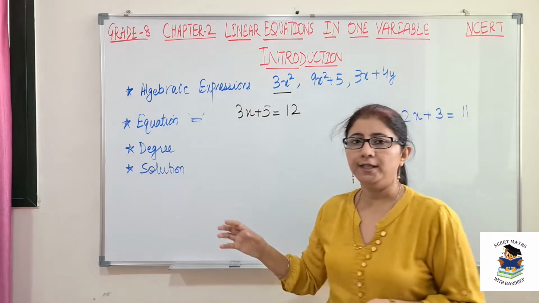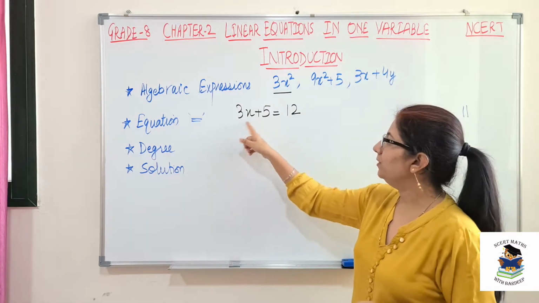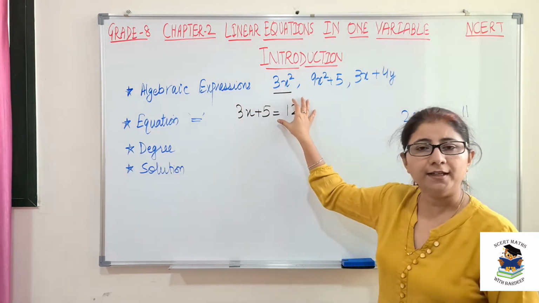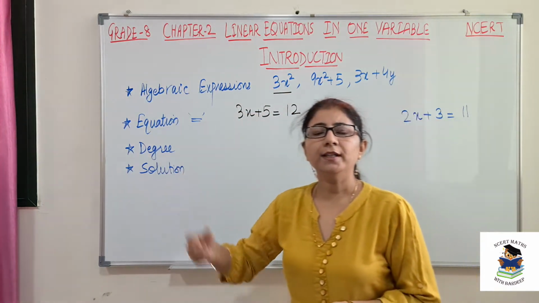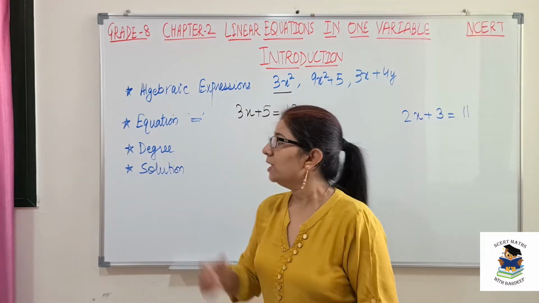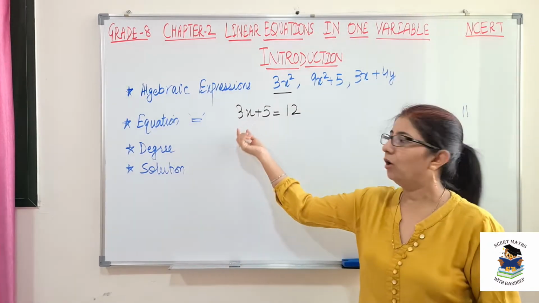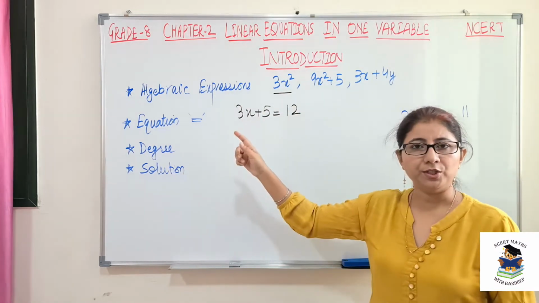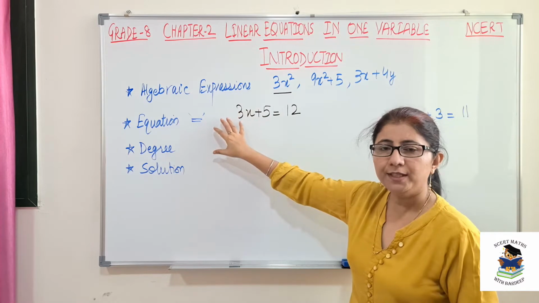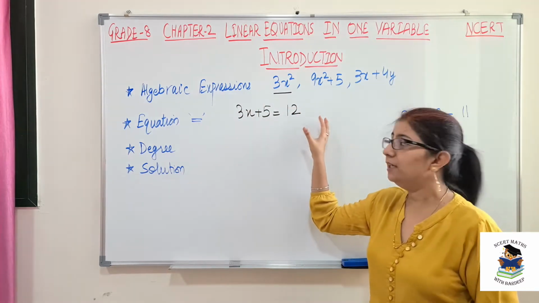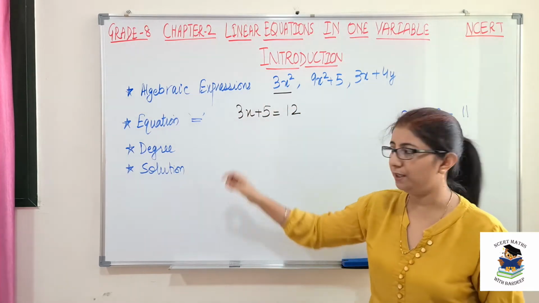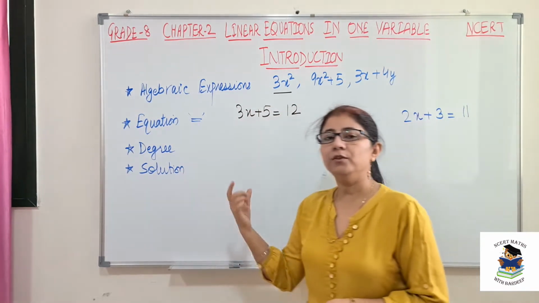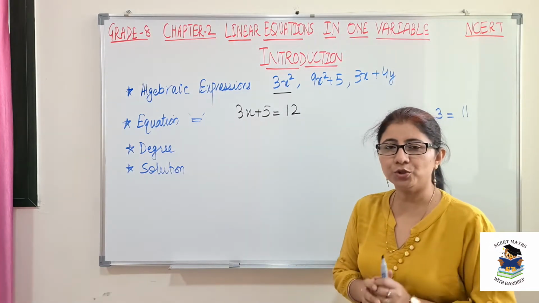That means we will find a few values of x which, when we substitute, make the left hand side equal to the right hand side. We will see the different methods to find such values. Those particular values of the variable are called the solution of the equation.